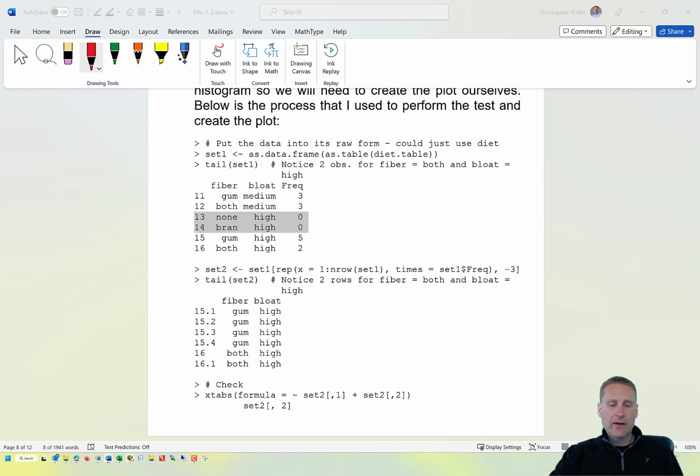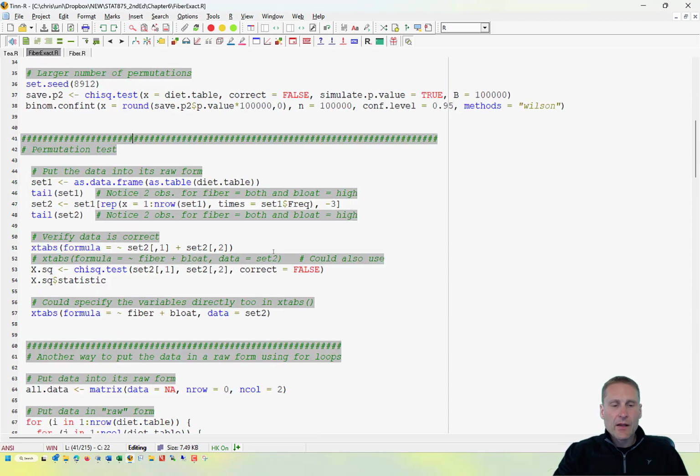Now to form then the raw data for this data frame, it's a little bit complicated, but it's not too bad. Okay, so what I want to do is basically, let me actually come back over here and show you.